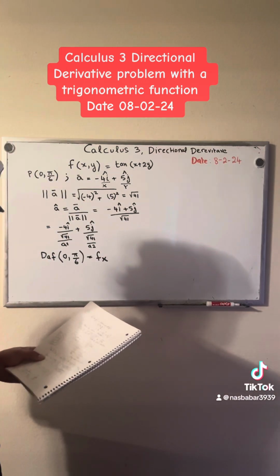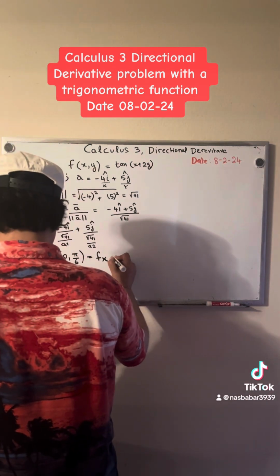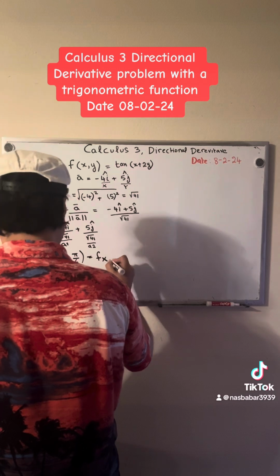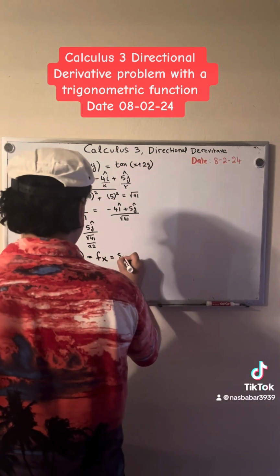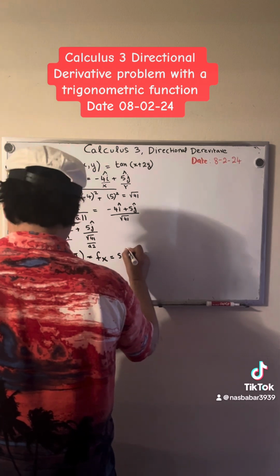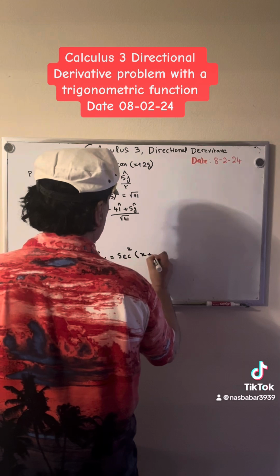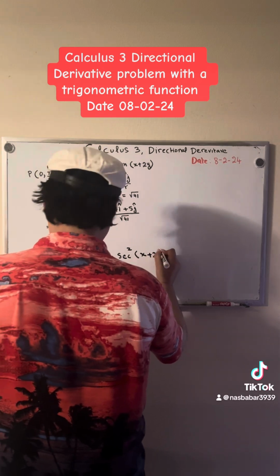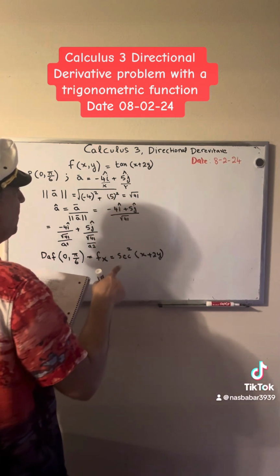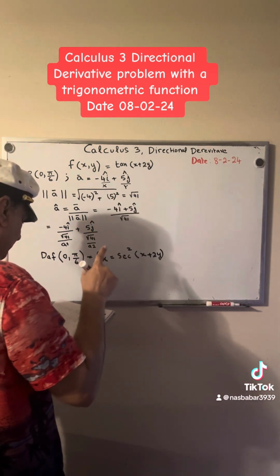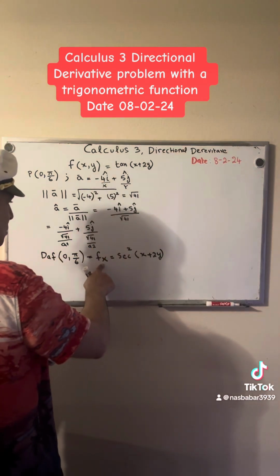The derivative of tan is secant squared. So we have secant squared of (x + 2y). Now you're taking the derivative with respect to x, a function of x.